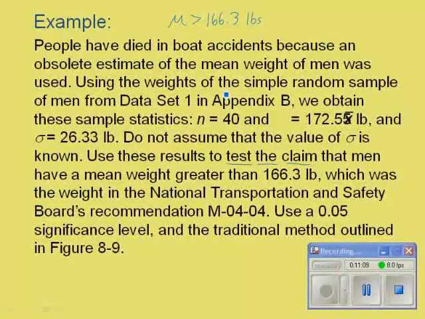See, here's the deal. National Transportation and Safety Board said, hey, as long as the mean weight is 166.3 pounds, we're okay. But now we've been noticing data. There's been some deaths. We don't want those to happen. Maybe it's because men are bigger than they used to be.